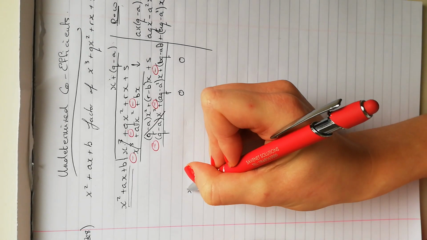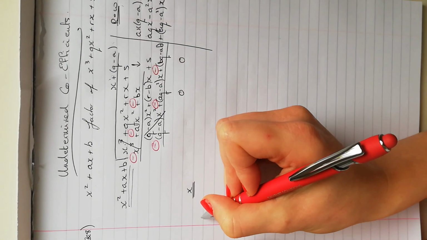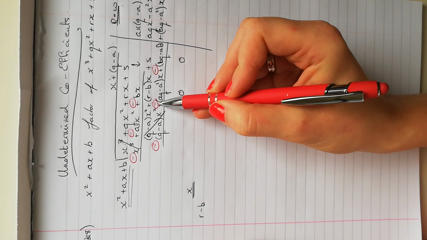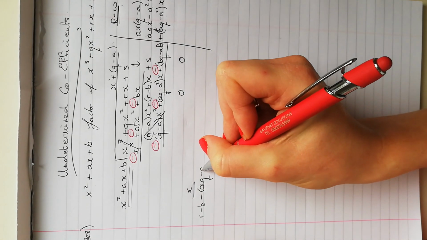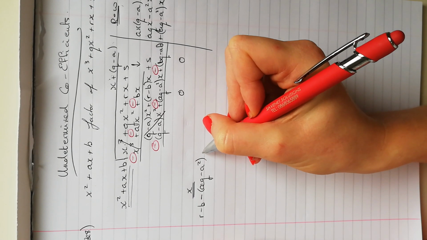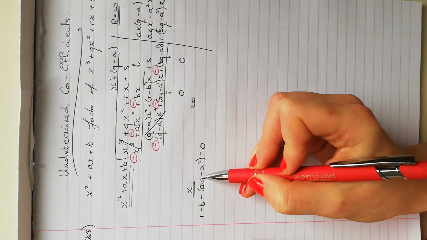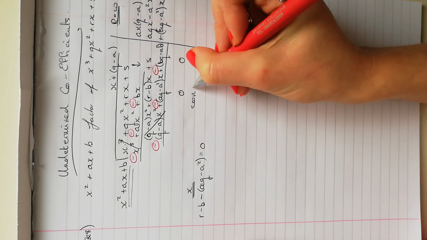Now the x coefficients here: r minus b. Be careful here with this minus bracket, (aq minus a squared), and that bracket is really important because it makes sure that you catch everything you need here with that minus.